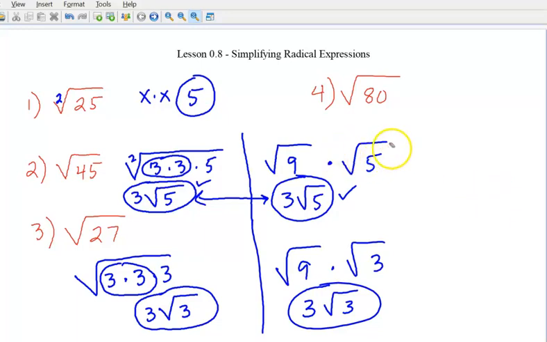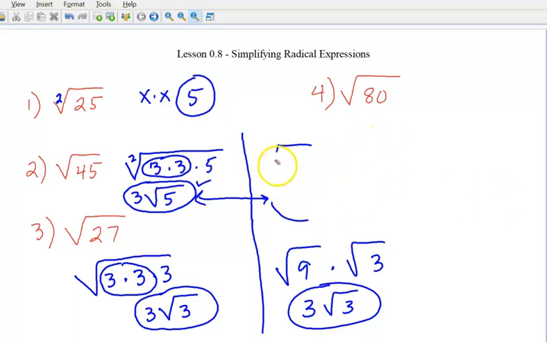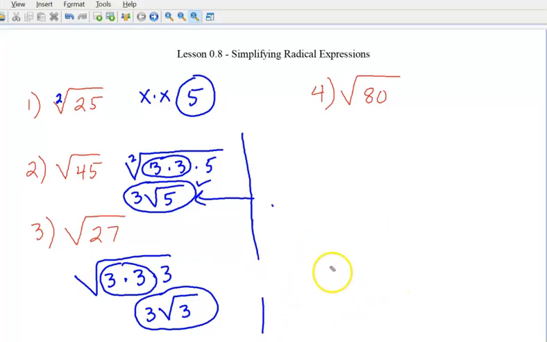All right, let's talk about number 4. I'm going to erase this to give myself a little bit more room. So let's use the prime factorization method. If you used factor trees, maybe you started with 8 times 10.